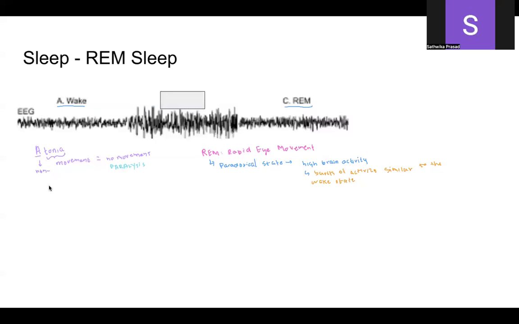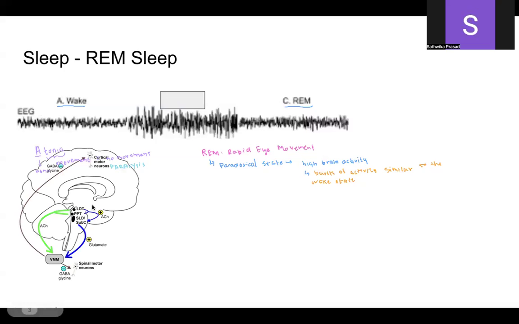And the reason for that is actually these neural networks located in your brainstem. So I have a picture here which shows you these brainstem neural networks: your LDT, PPT, and your SLD sub C. These are not words that you need to know, but what you do need to know is that these neural networks produce GABA, right?